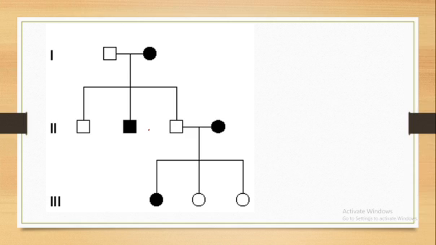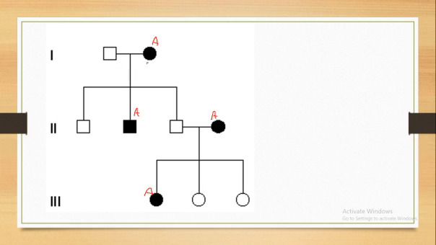Now the question arises, to find out what condition, heterozygous or homozygous. To do that, we will use the symbols. As we are very sure that it is a dominant trait, individuals with the character will definitely have one dominant allele. Now we have to see whether it is heterozygous or homozygous.